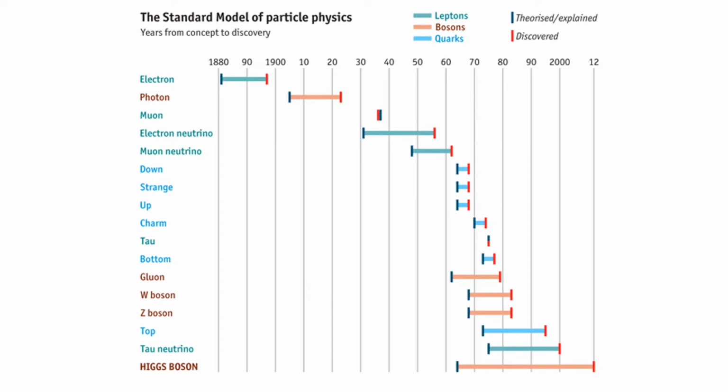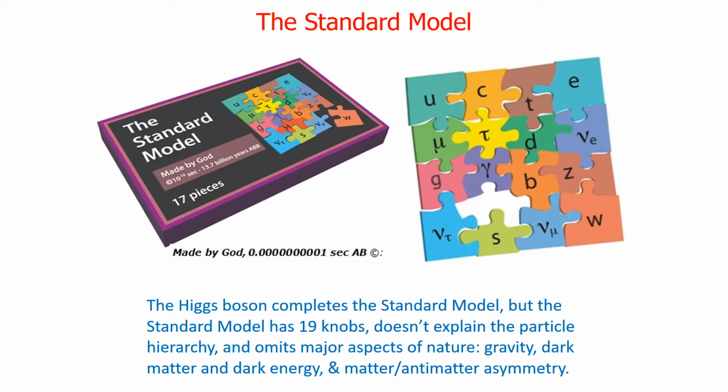You can see the Higgs boson was actually speculated or theorized back in the early 1960s, and it took decades to find. So you can see why physicists were so excited in 2012 and 2013 when they finally found the Higgs boson, the last missing piece, if you like, of this standard model of particle physics.